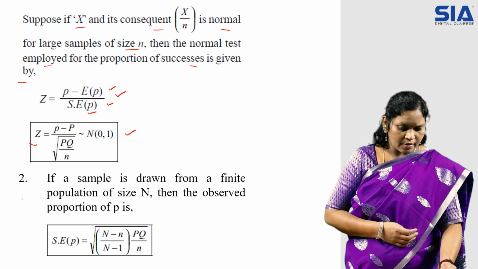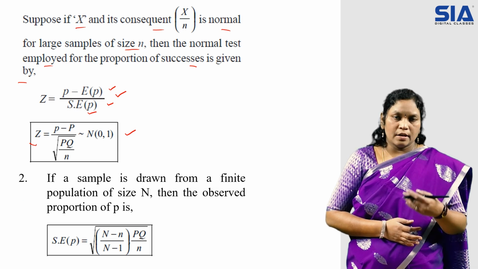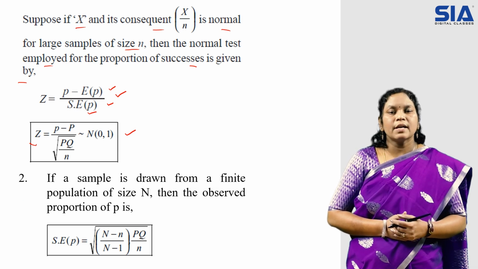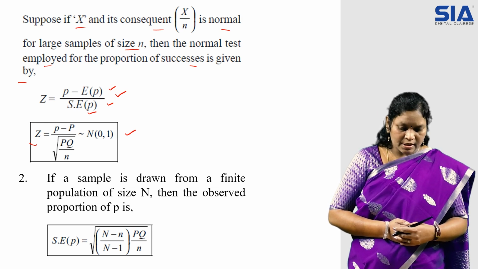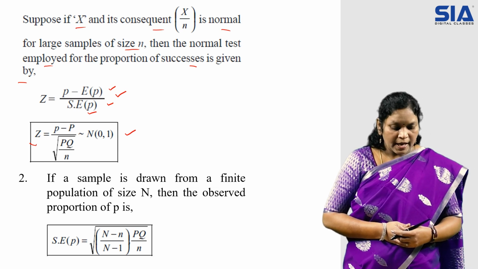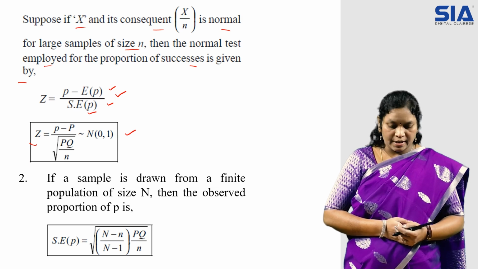Now let us discuss how the limits are considered under a single proportion. In the second point, let us discuss how the formula will change if the samples are drawn from a finite population.